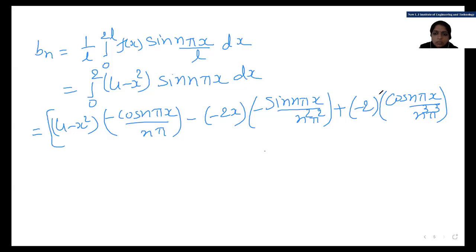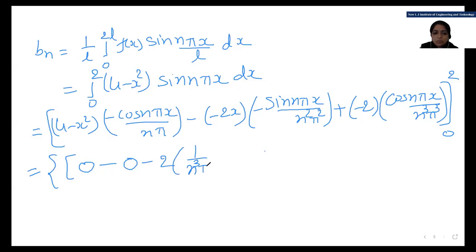Now the limits are 0 to 2. By substituting the upper limit here, 2 square is 4, so 4 minus 4 is 0. Cos 2n pi is 1, but 0 into anything is 0. So 0 here. Minus, if I put 2 here, then sine 2n pi, sine even pi is 0, minus 2, cos 2n pi is 1, so 1 upon n cube pi cube.